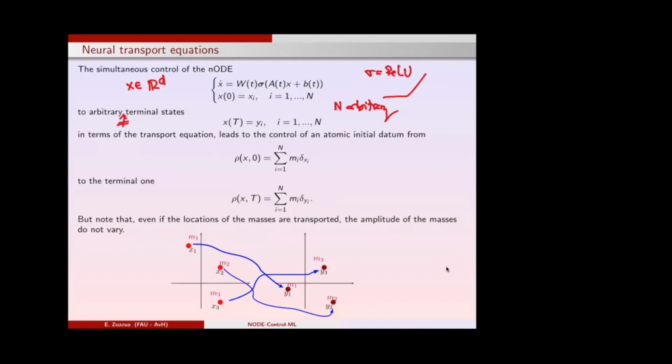So of course, I need the terminal states to be different, right? Because assume I have decided that in my simultaneous control problem, I want x1 and x2 to go to the same destination, y1. Why is that not possible?